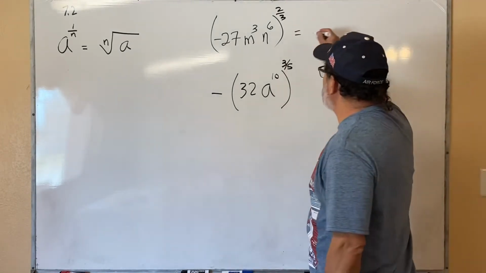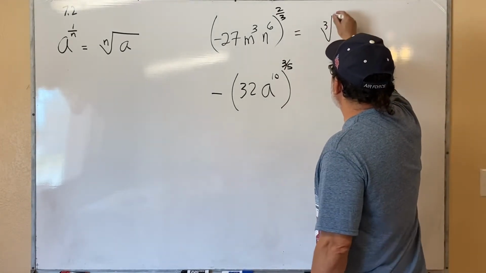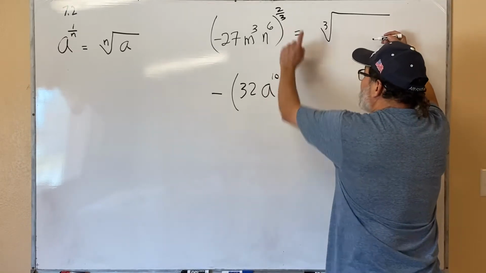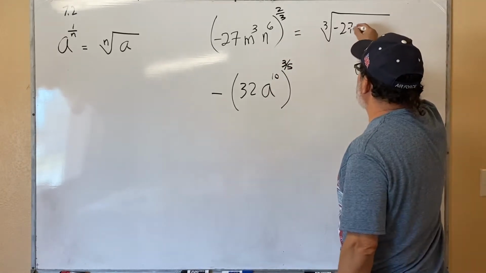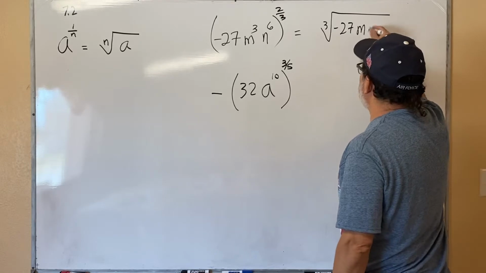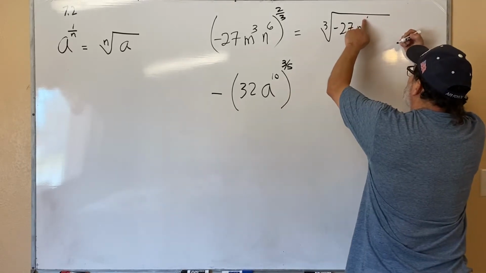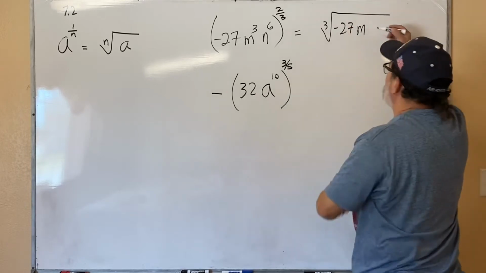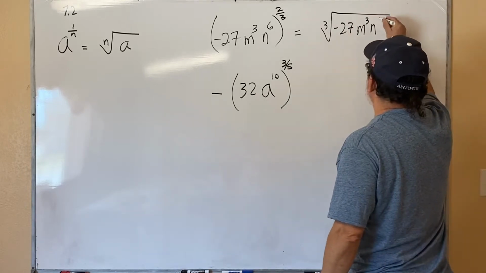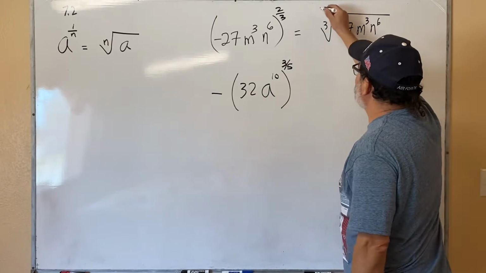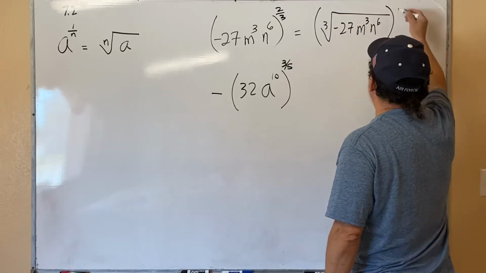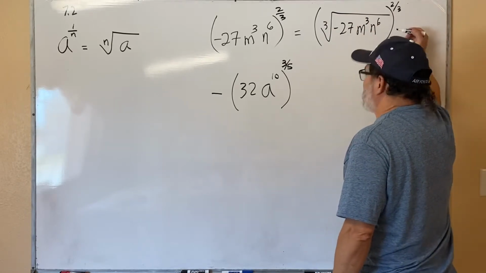So this becomes the cube root, take care of the index first, of negative 27 m to the 6th, so m to the 3rd, n to the 6th, and this is raised to the 2/3.